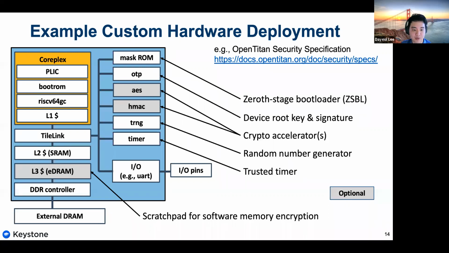One way they have done it is another project called Graphene, which implements a user-level library OS that serves these system calls, and they also proxy some of the system calls to the outside of the enclave. I hope that answered your question. Yeah, SCONE also does that for SGX.